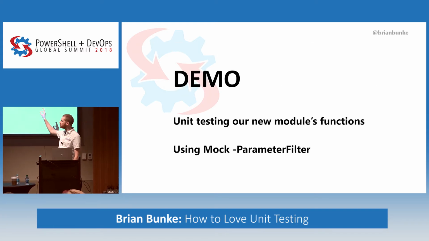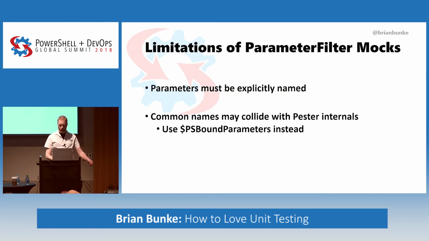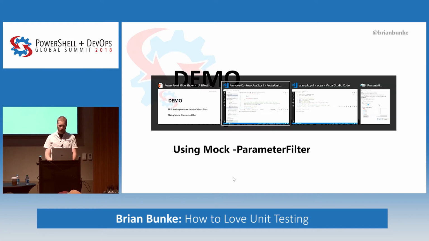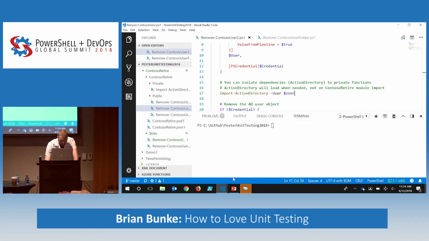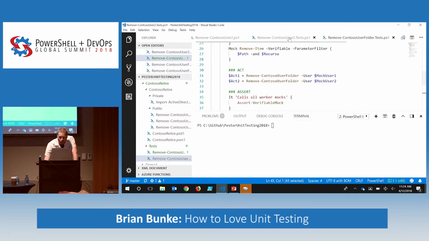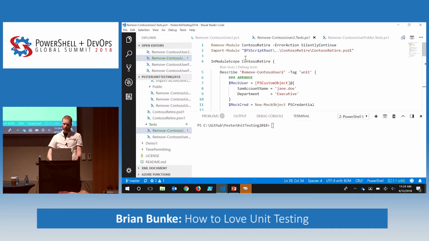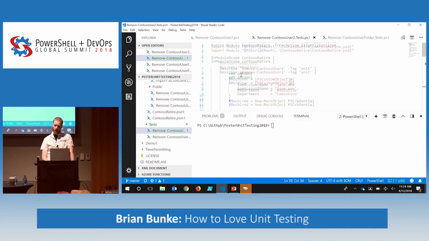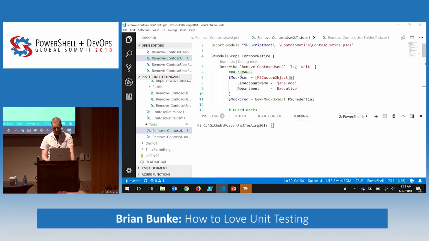So let's look at the unit tests for our new functions and some examples of parameter filter. Okay, so we have a test folder. And for our test file, we want to import our Contoso Retire module.